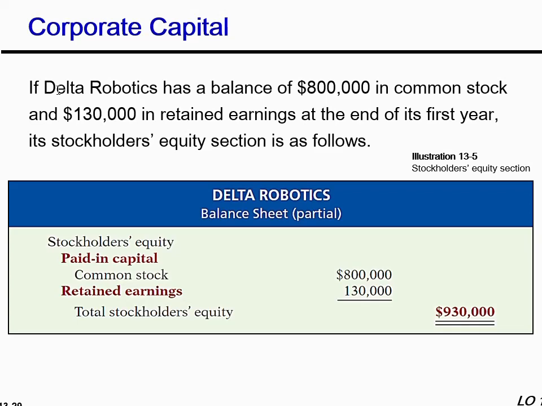They will be exactly the same like sole proprietorship and partnership. Then it has liability, the same in sole proprietorship and partnership. But in case of companies, we will have stockholders' equity. Firstly, the paid-in capital will be mentioned, and then the retained earnings will be mentioned, make a total, and that is the total stockholders' equity.